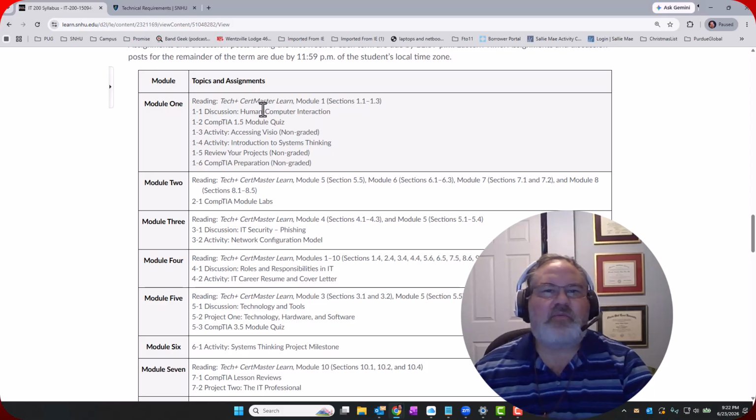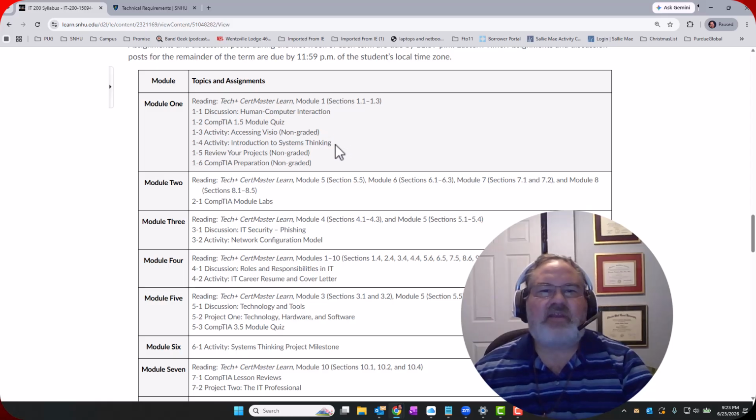There is going to be reading in the Cert Master Learn Module 1, sections 1.1 through 1.3. You're going to have a discussion board on human-computer interaction. You're going to have a CompTIA module quiz at 1.5. You're going to have an accessing Visio non-graded activity.